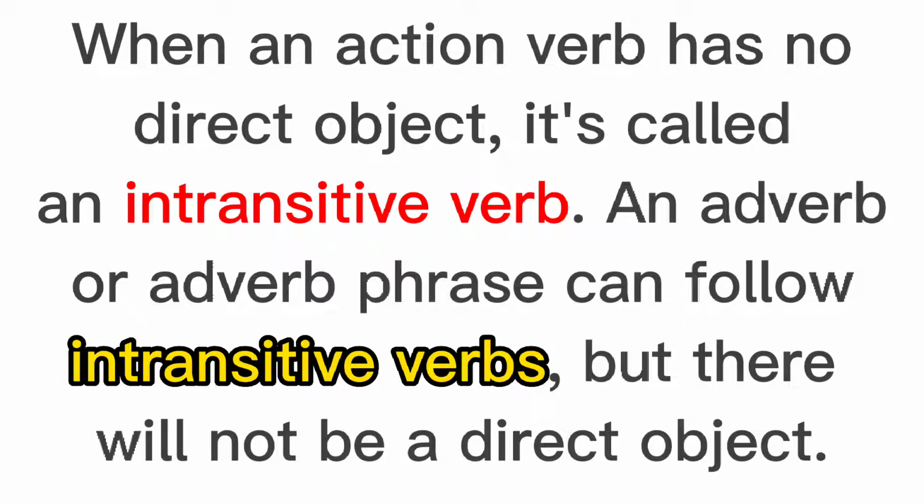When an action verb has no direct object, it's called an intransitive verb. An adverb or adverb phrase can follow intransitive verbs, but there will not be a direct object.